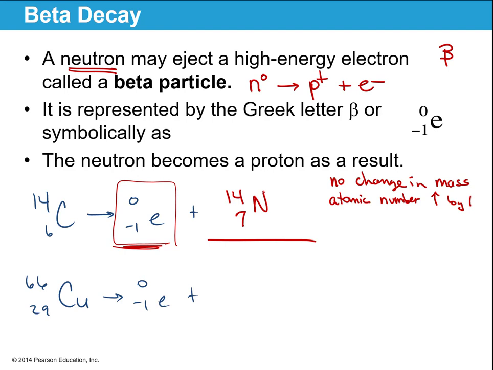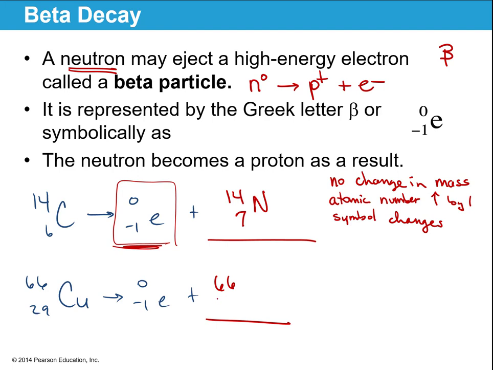So Cu is what? What is copper? Good. So this is copper. So copper 66, when it undergoes beta decay, what happens to the mass? Stays the same, so it's still 66. I'm going to write over here that the symbol changes. What happens to the atomic number, though?